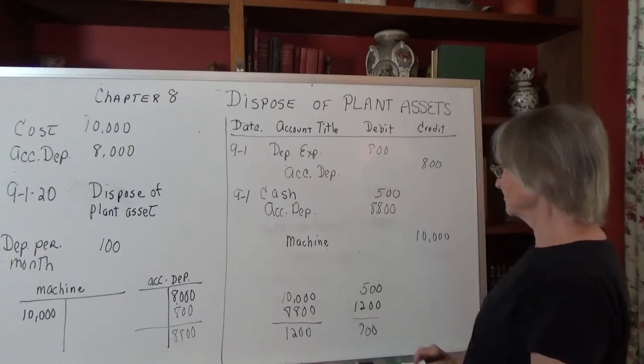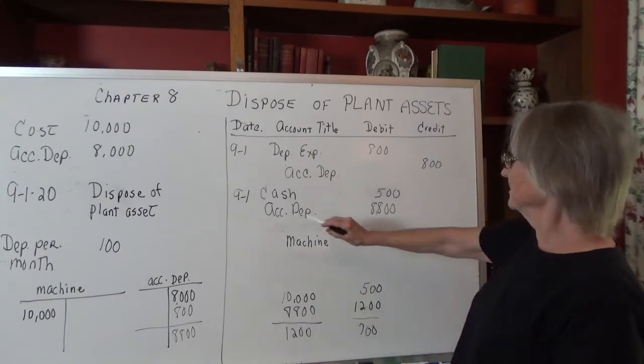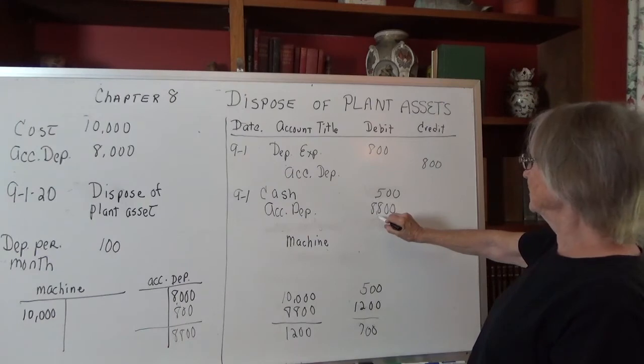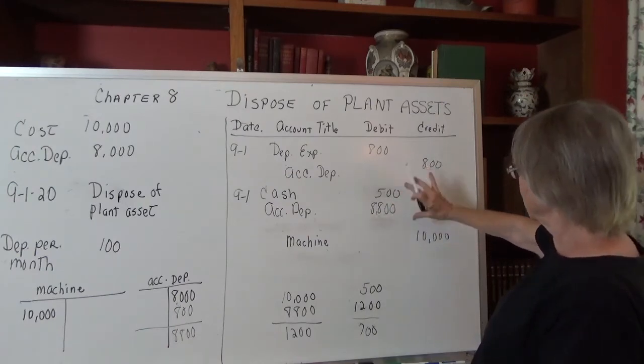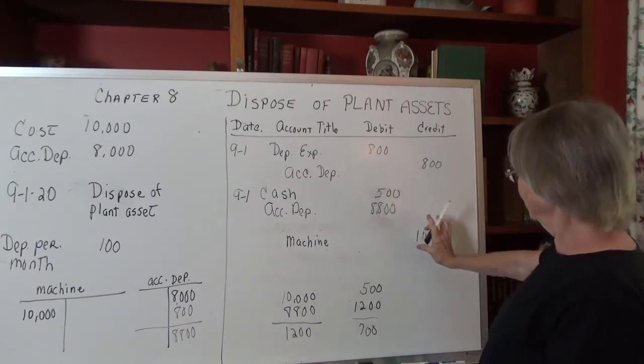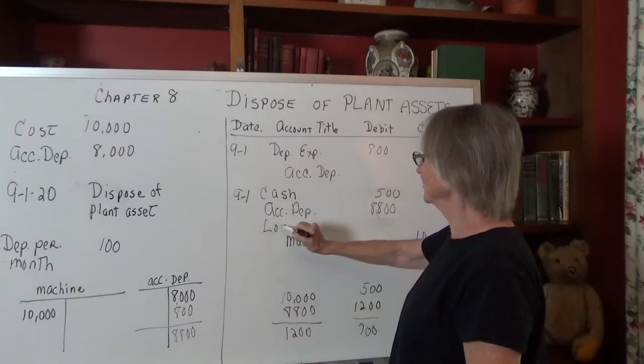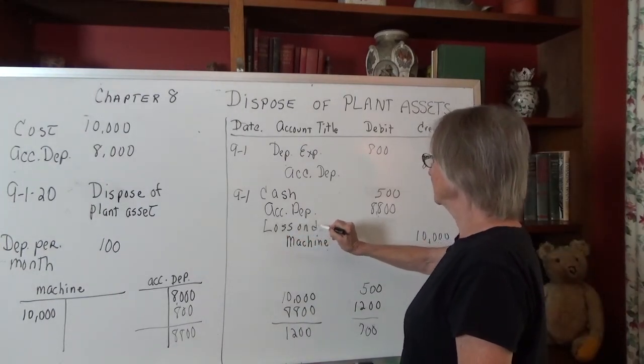Let's see how this comes out. We take the machine off for 10, the accumulated depreciation for 8,800, and we've got the 500 cash. When we add and subtract these, we can see we have a loss on the disposal.